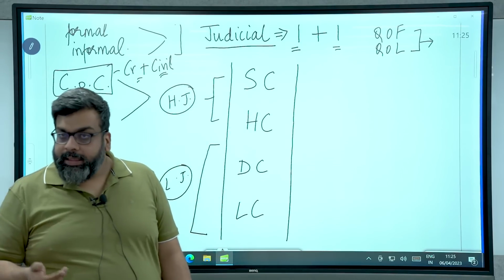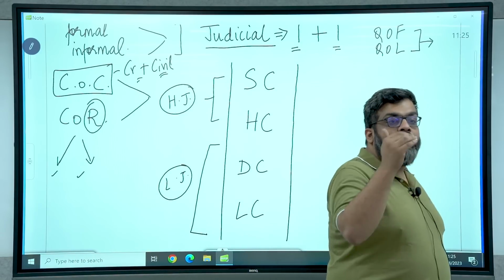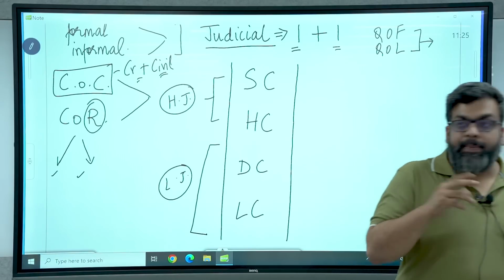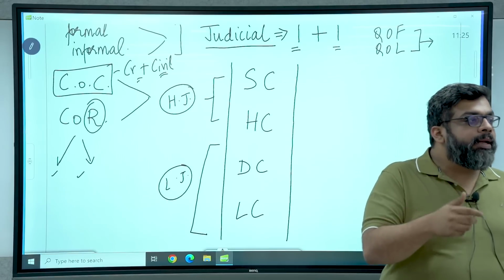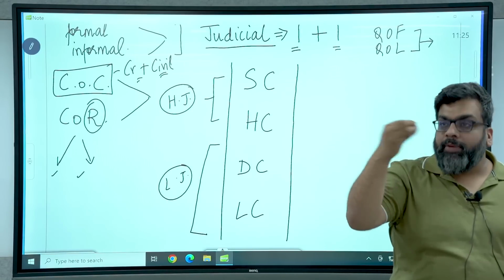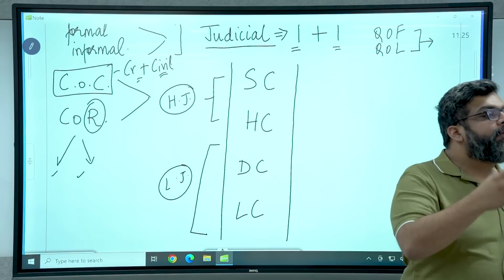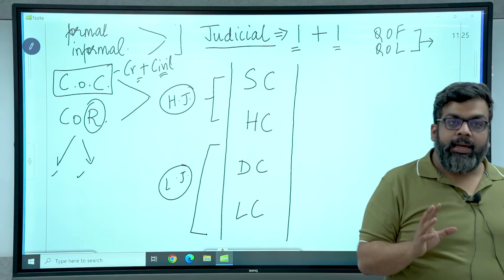Civil and criminal contempt is first differentiated on the outcome of it. And secondly, civil contempt is when you are not following or implementing a judgment. Criminal contempt is when you are trying to impugn the reputation of a judge, when you are trying to demolish or destroy or harm the reputation of a judge. Clear on this?